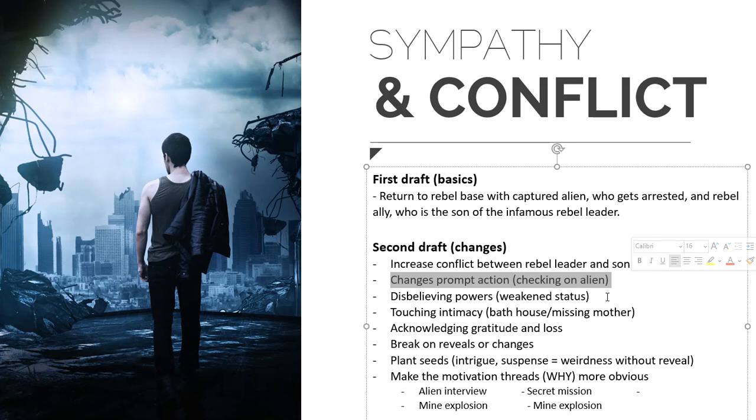when you have a scene, there has to be a point of new information or a change that prompts or demands action that wasn't there previously, or else she would have just taken that action earlier. So another one I played up is a disbelief in her powers.